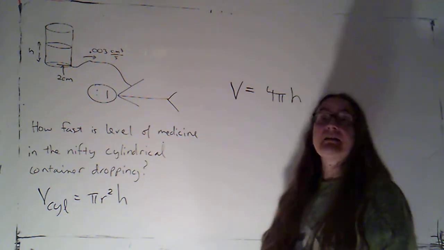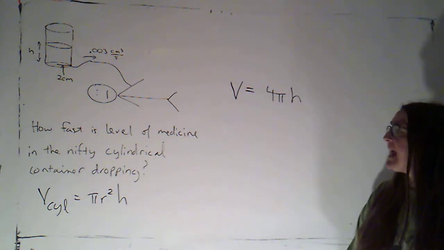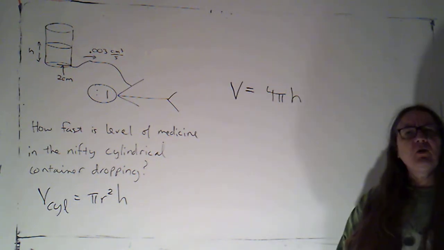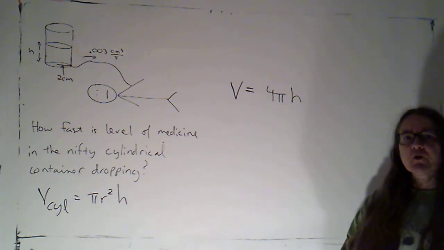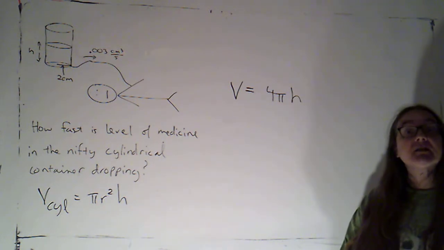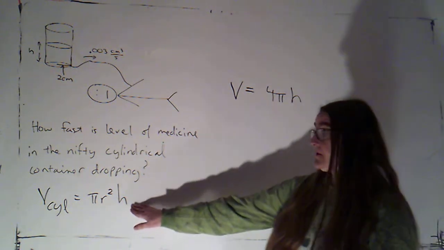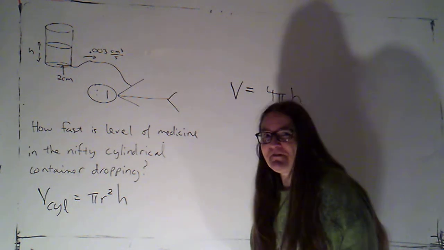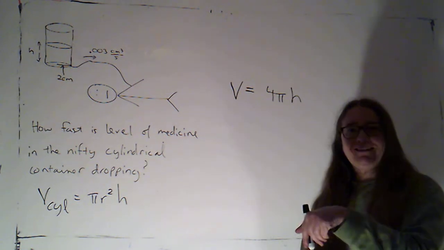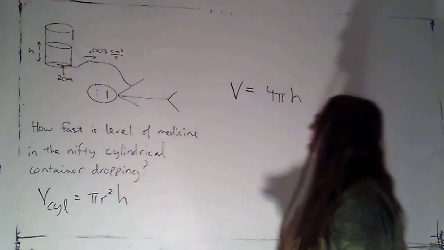The one exception to that is a sphere. I believe a sphere shows up in one of the homework problems, and just one. So that you won't see a whole lot more of until you get all the way to third semester calculus. So if I give you a problem with a sphere on a quiz or an exam, I would give you the formula. But now, if there's a cylinder, I'm expecting you to know the formula for the volume. And it's pretty straightforward. It's just one of these things where it's the area of the base times the height. The area of the base just happens to be a circle.